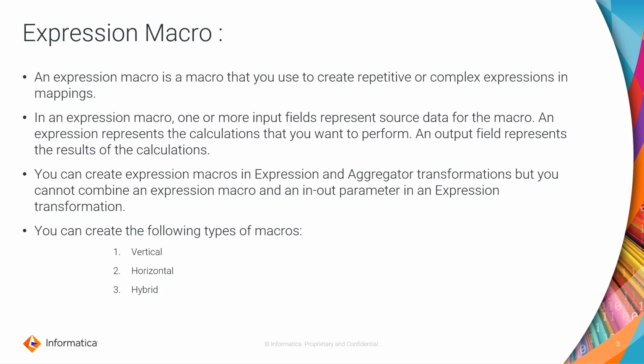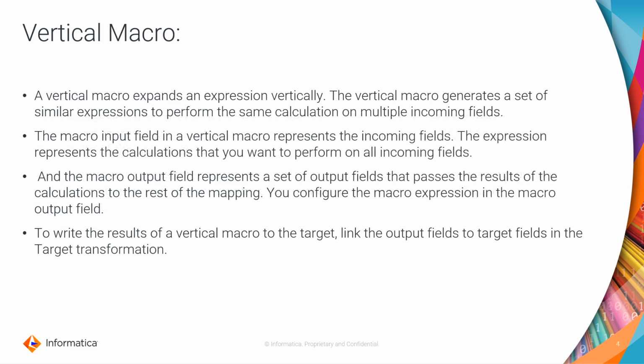There are vertical, horizontal, and hybrid macro transformations. Today we are going to see the vertical expression macro. A vertical macro expands the expression vertically. It will create a set of similar expressions which perform the same calculation on the multiple configured input fields.